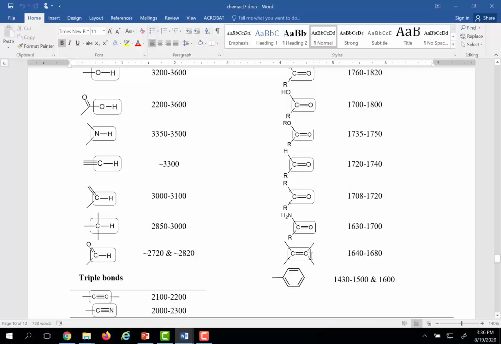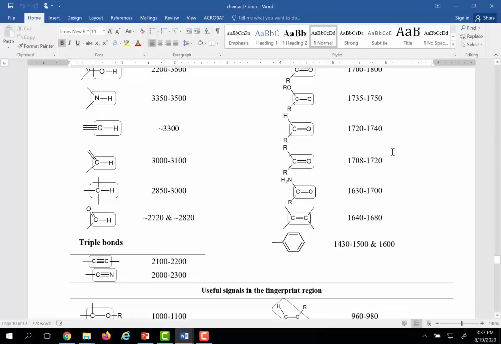Also relevant in this discussion will be the carbon double bond carbon stretch, which occurs somewhere between 1640 and 1680. Again, these are found on this chart, but it's helpful to anticipate that this is where you're going to find these sorts of signals and what sorts of factors can influence the signals.